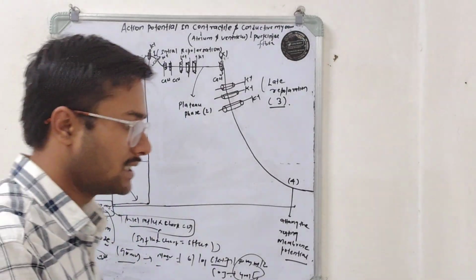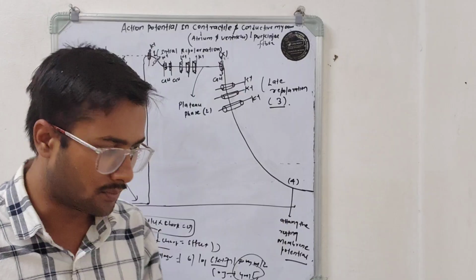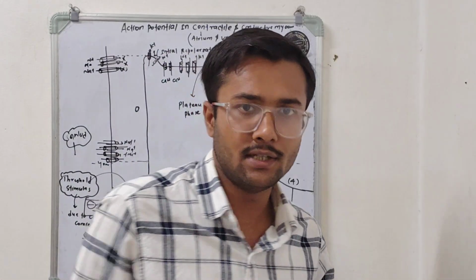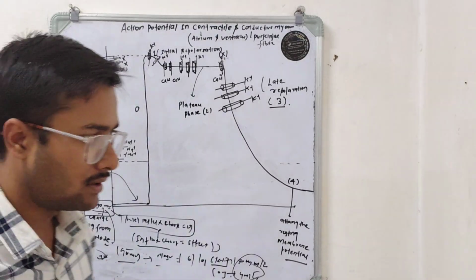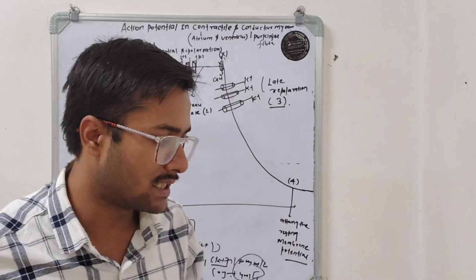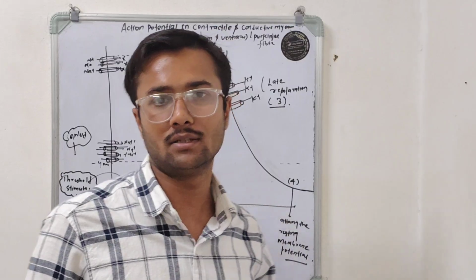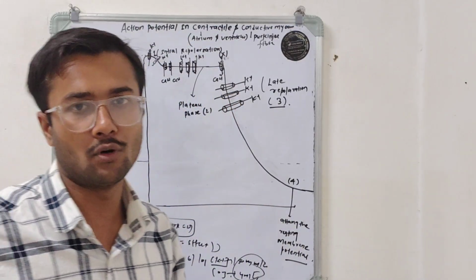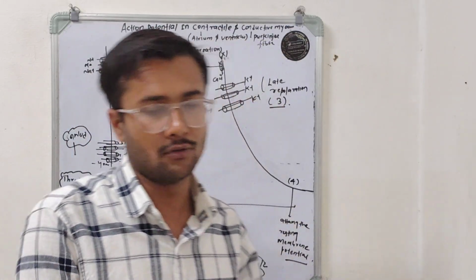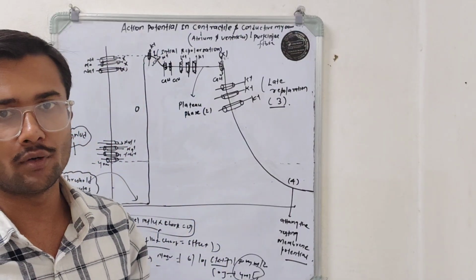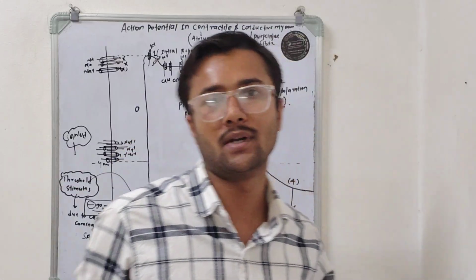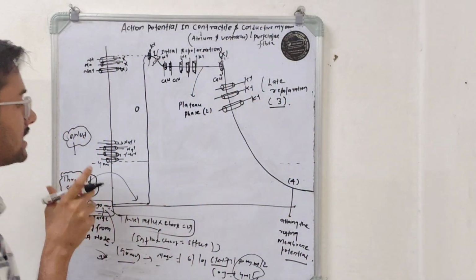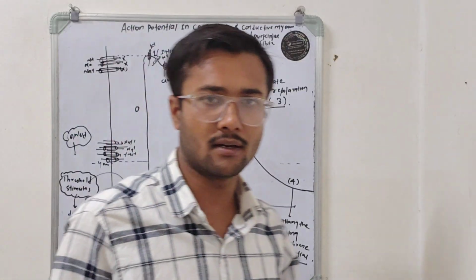So when the flow of charge from the SA node enters into the myocardial tissue, now there is a net flow of charge inside the tissue. Whenever there is a net flow of charge inside the tissue, that causes a change in membrane potential.